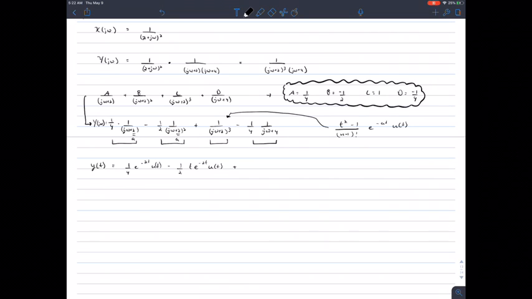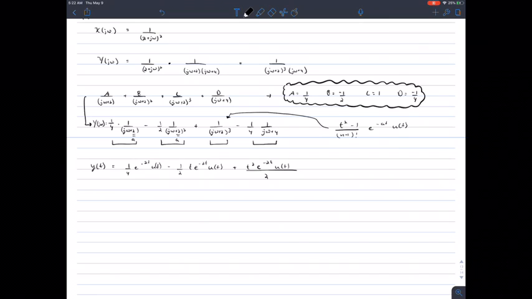Alright, so let's go ahead and write it out. So it's going to be t squared e to the negative 2t u of t over 2. 3 minus 1 is 2. 2 factorial is just 2. Okay, we're cooking now. And this last one is easy.